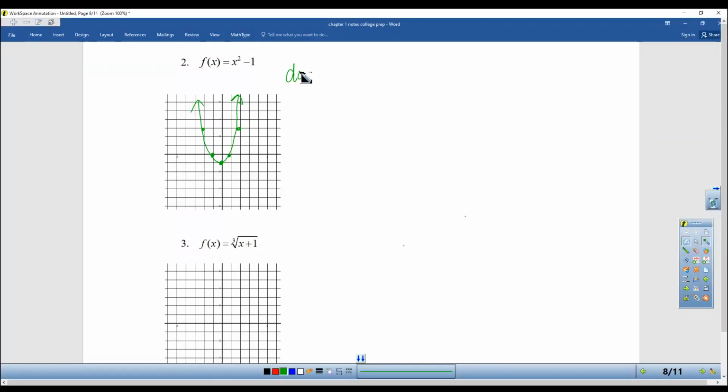Okay. This does not pass the horizontal line test. So you can't make an inverse function. You can make an inverse. It would look like this.